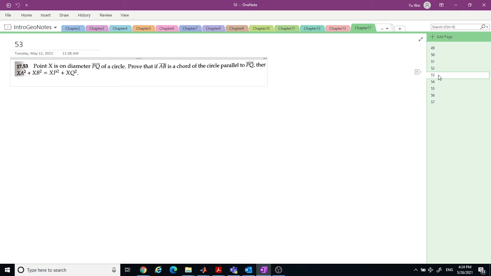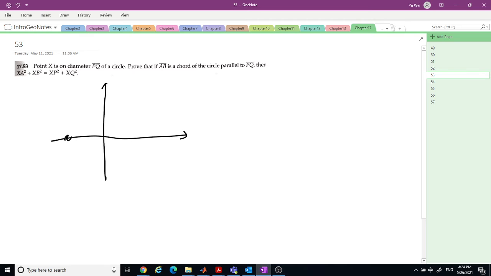Next, we want to prove the point x is on the diameter PQ of a circle. Okay, so now we know the PQ is the diameter of the circle.